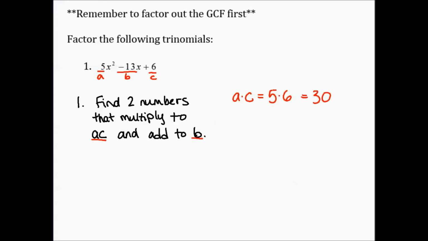B is negative 13. So we need to think about multiples of 30 that add up to negative 13.